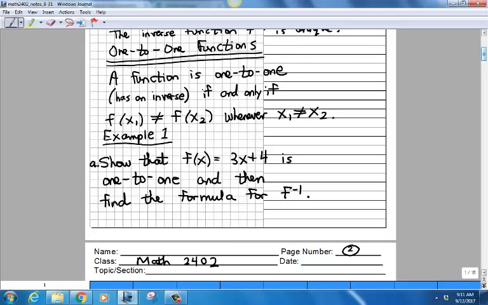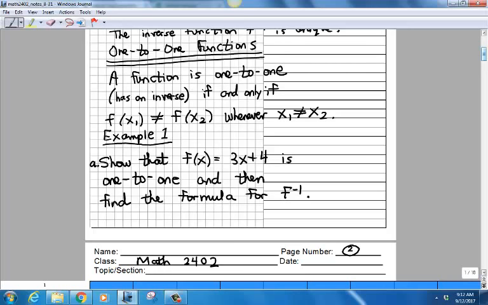Let me repeat that in words, because again, it's much easier to understand in words. A function is going to have an inverse, it's going to be one-to-one, if, when you pick two different inputs for the function, two inputs that don't equal each other, the matching outputs also do not equal each other.